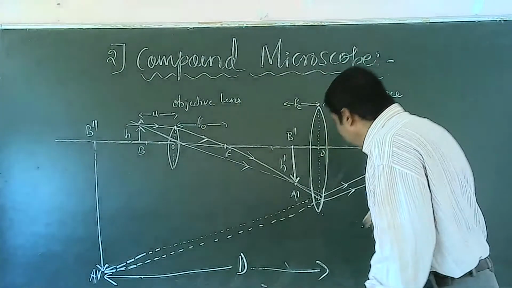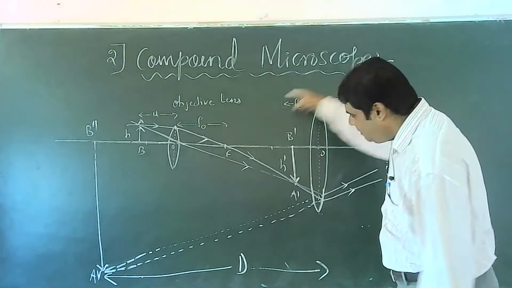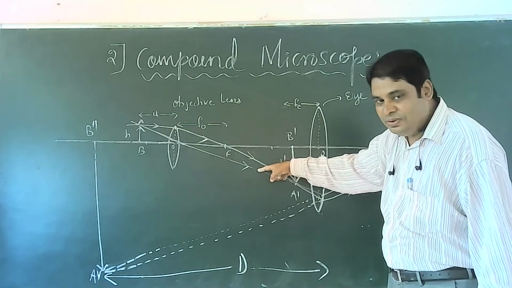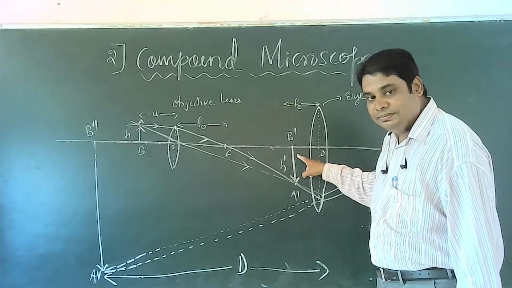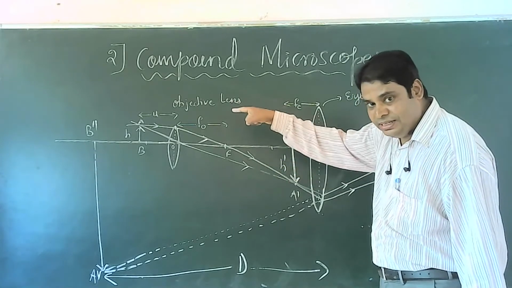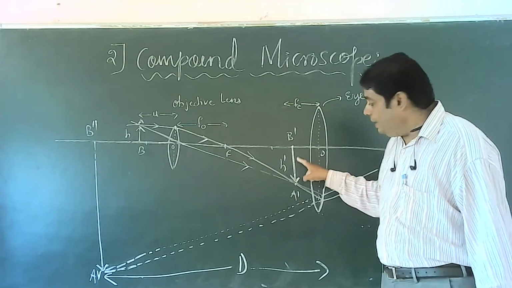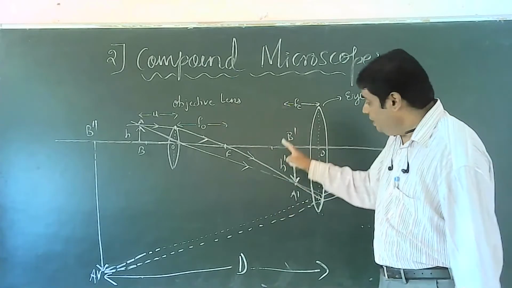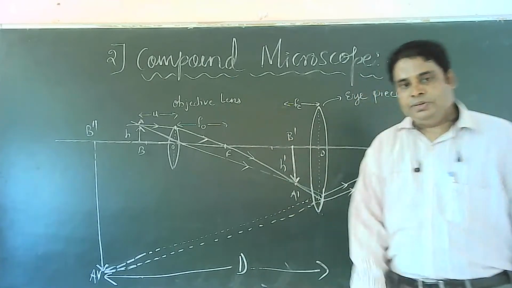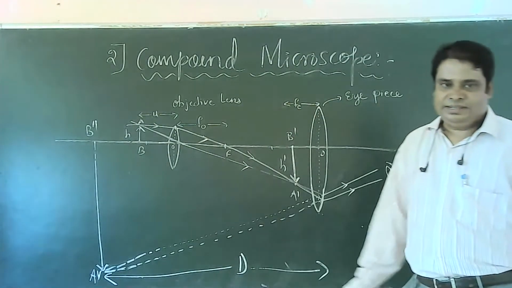The second part is like your simple microscope. If it is at f, the image will form at infinity. If it is between f and o, the image will form at near distance.